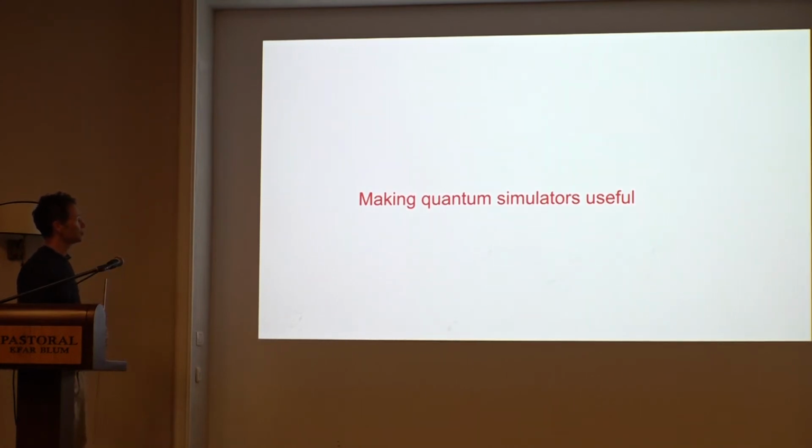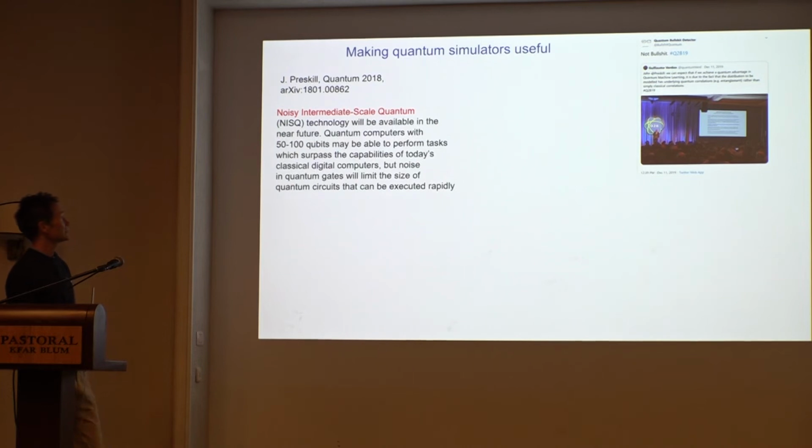So far we talked about using simulators for problems which are obviously exciting to physicists, but perhaps not to the outside world. So let's try to discuss if we can reach out.